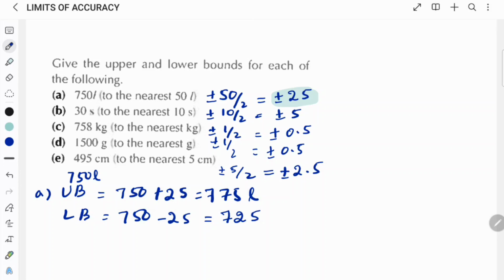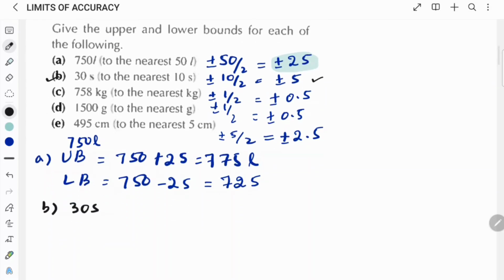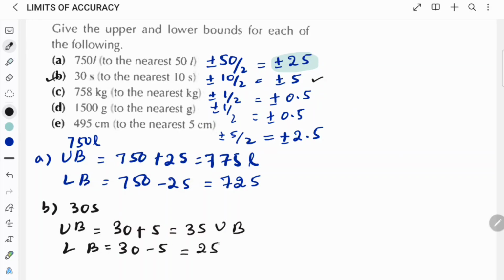Now part B, 30 to the nearest 10, we have to add and subtract 5. Part B is 30 seconds. For the upper bound, 30 plus 5 is equal to 35, and the lower bound is 30 minus 5, equal to 25 seconds.